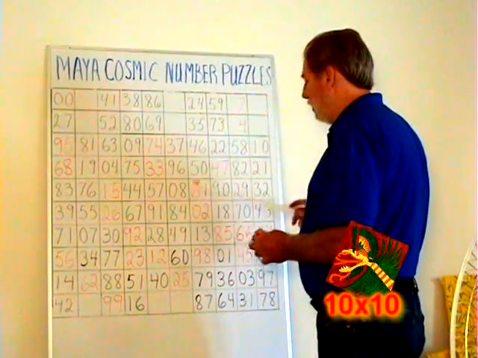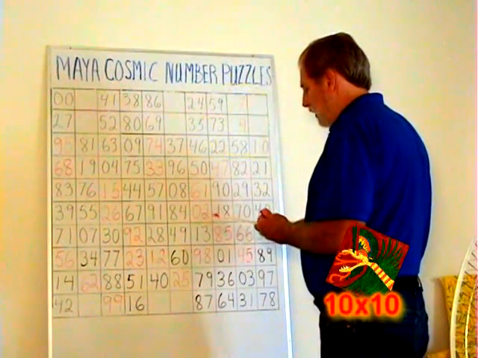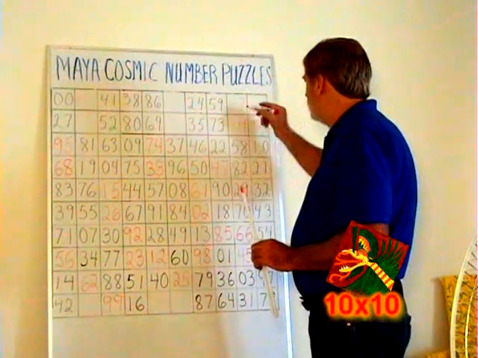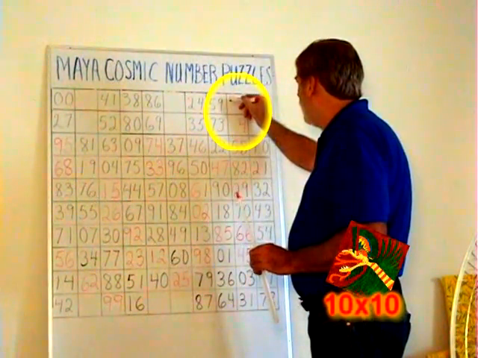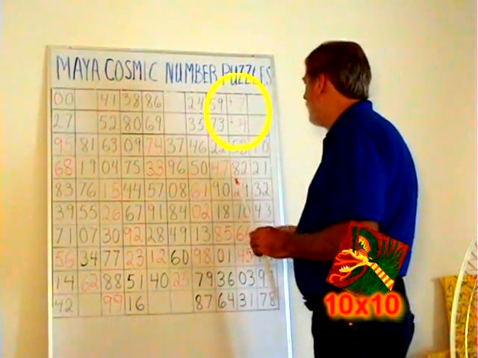So we don't know which way to put these numbers. We do know that a 1 and a 9 go here.